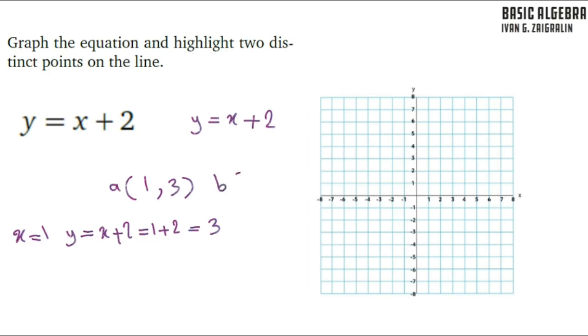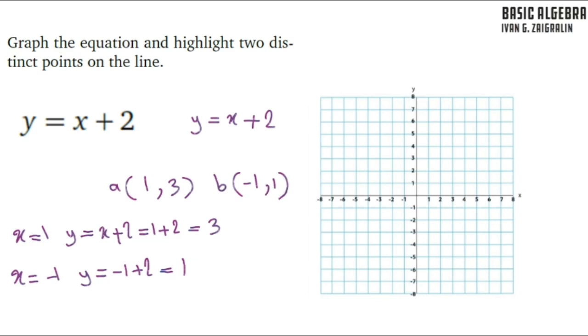The second point is in the form of a pair of two numbers, x and y. x equals -1, so y equals -1 plus 2, which equals 1. So the next pair of numbers is -1 and 1.